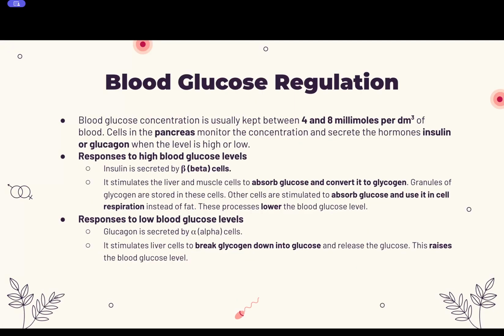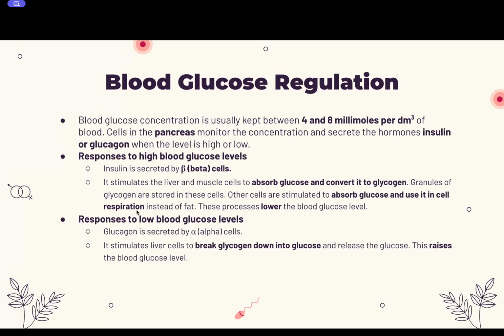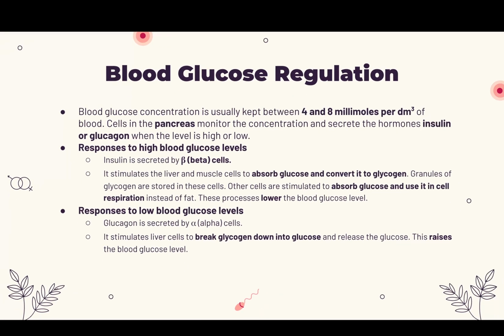So the first thing we start with is blood glucose regulation. The hormone that we're going to be discussing in this is insulin. Blood glucose concentration within our blood is usually kept around 4 to 8 millimoles per decimeter cube of blood. This is a very tight window, obviously, since it's 4 to 8 millimoles.